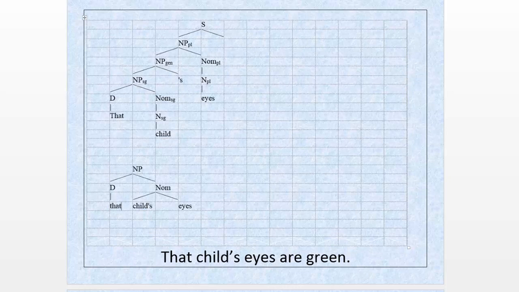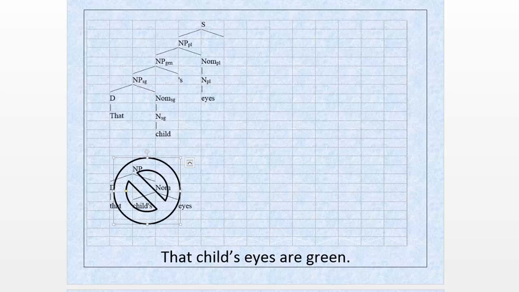That clearly is going to be the wrong structure. That is not going to be right because that puts that, which has to go with a singular noun, with something whose head is the plural. So let's make sure we have that marked appropriately. Okay, so that's the wrong structure. We don't want to draw our structure like that.